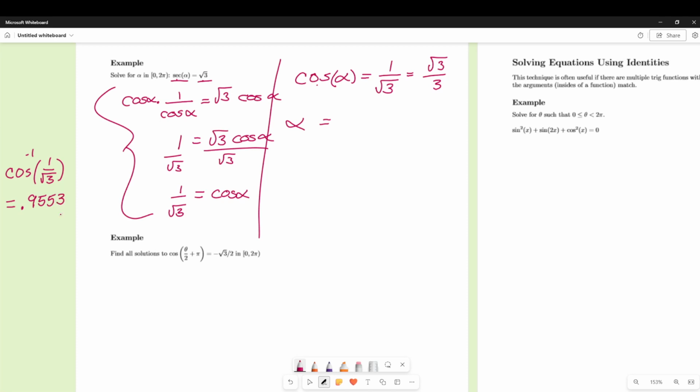We're going to have to deal with it as a decimal approximation because that's all we have, because again, it's not one of our standard angles.